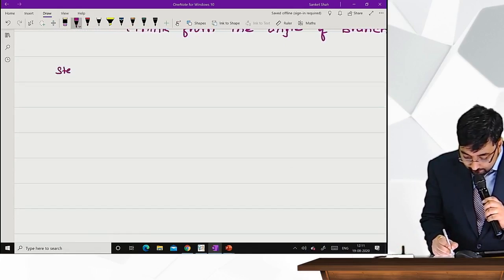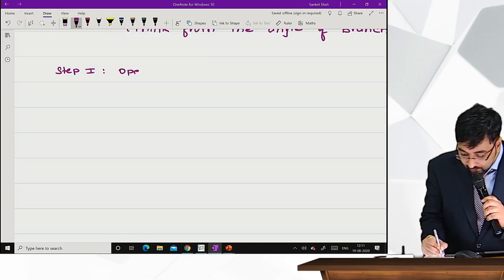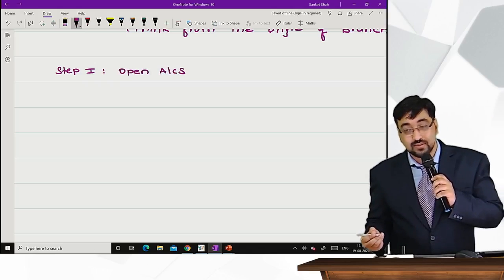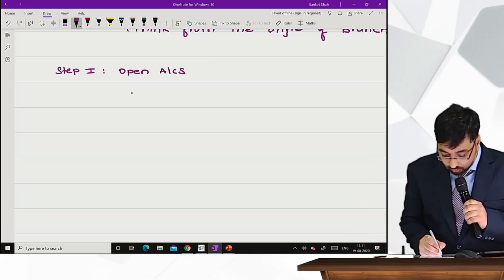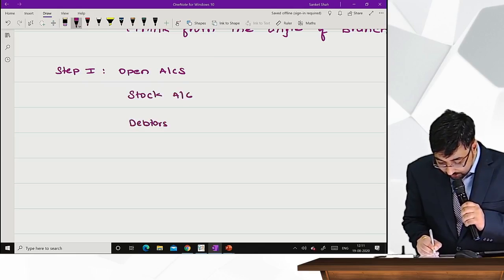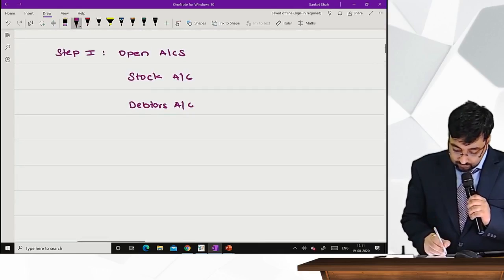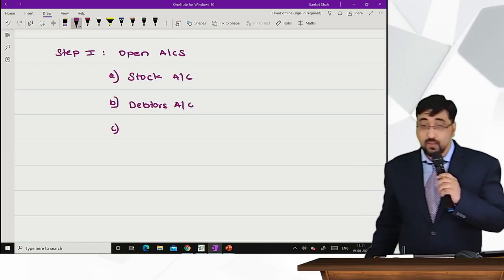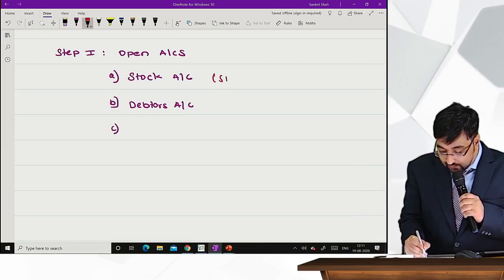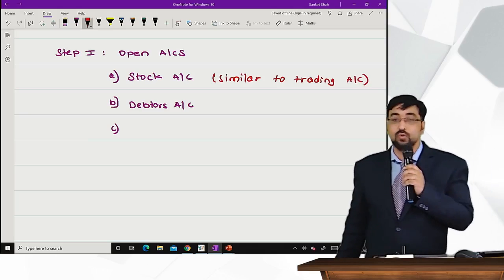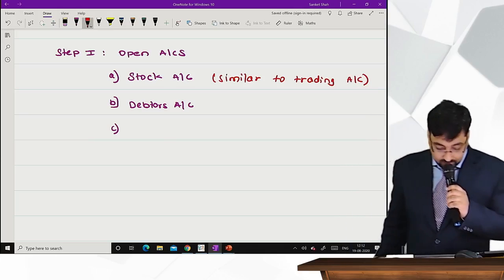Step 1: open accounts. The name itself suggests this is the stock and debtors method. So stock account and debtors account are important accounts that compulsorily we have to open. Remember, stock account is similar to trading account. Very simple.